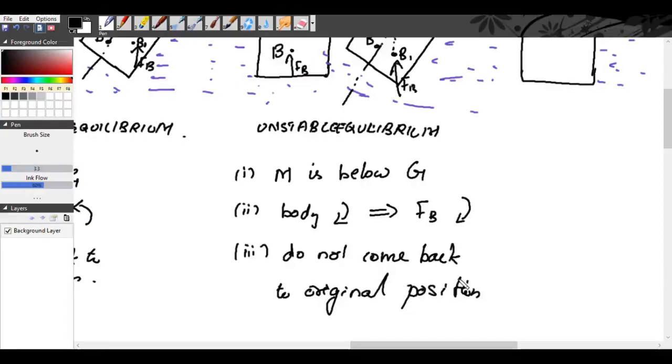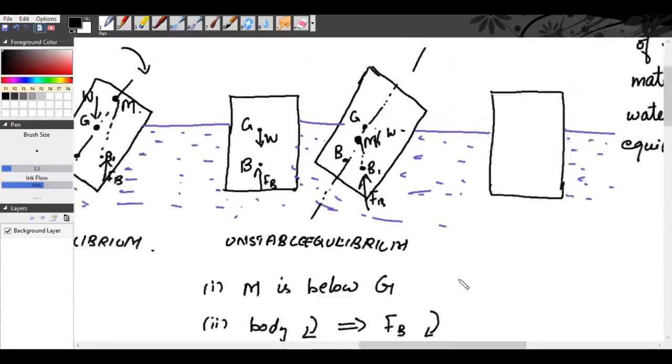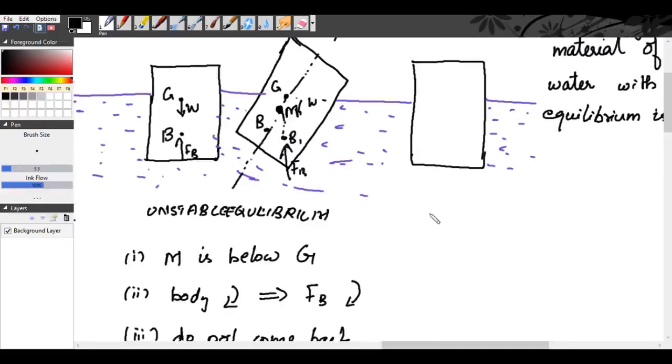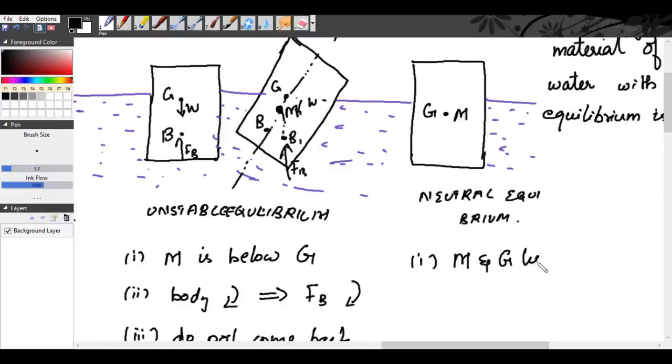Now, the third case is neutral equilibrium. For neutral equilibrium, G and M lie at the same point.